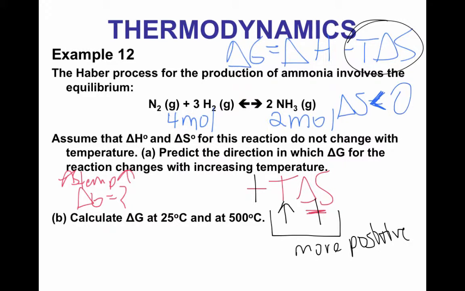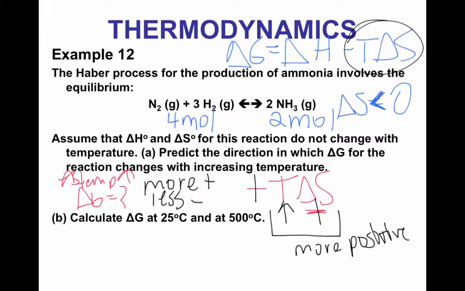And if that becomes more positive, that's also going to be your effect on delta G. If T delta S becomes more positive, then your delta G is also going to become more positive or less negative. So the driving force of this production of ammonia becomes smaller as temperature goes up. The reaction is going to become less spontaneous as temperature goes up.